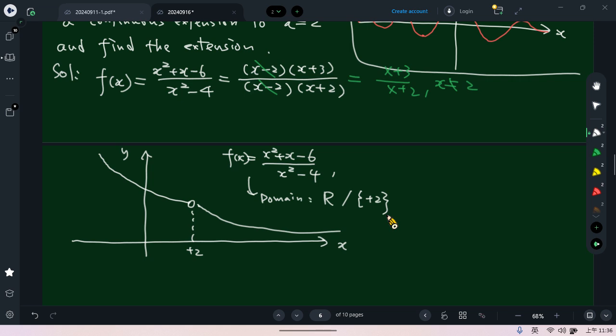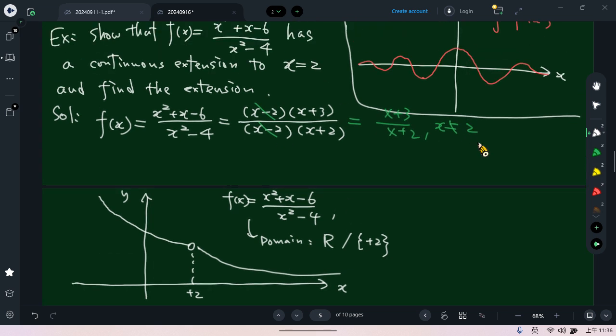But we also know that if x is not equal to 2, we can try to get its limit when x is approaching 2, that f of x. What is the limit? Can you tell me what is the limit?